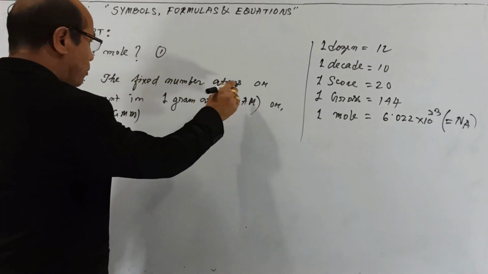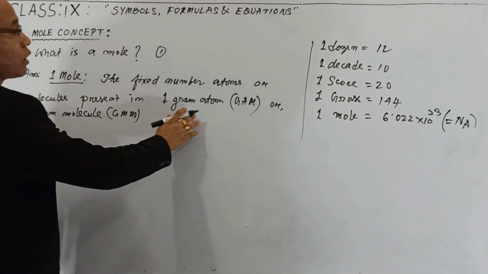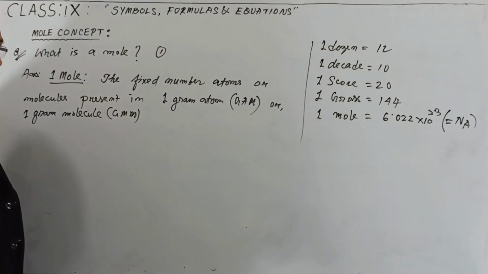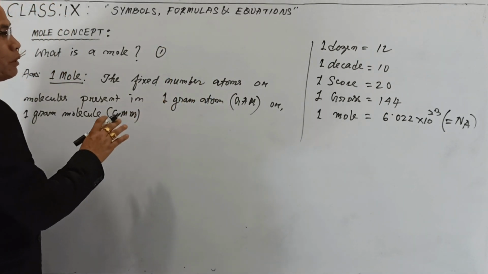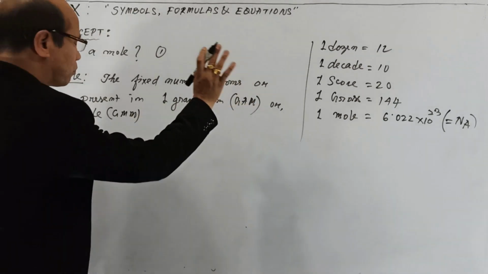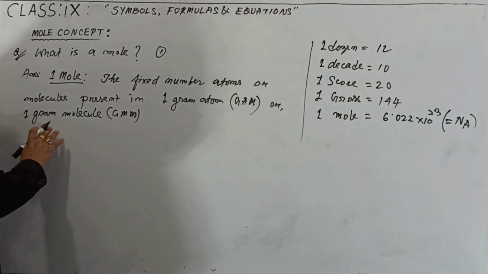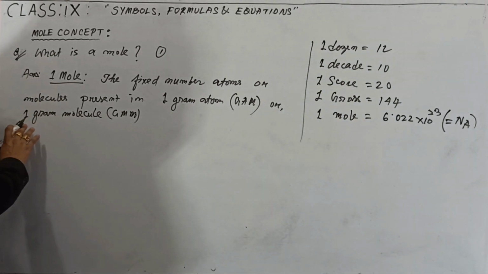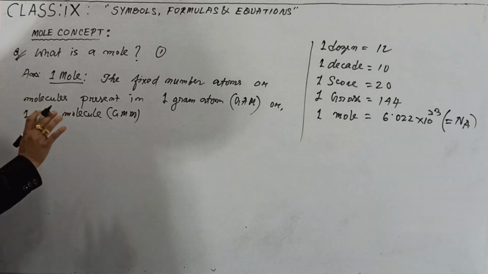The fixed number of atoms or molecules present in 1 gram atom. If the substance that we use is in the form of atomic state, then we can use gram atom or gram atomic mass. And if the substance we use is in the form of molecule, then we are going to use gram molecular mass, GMM.